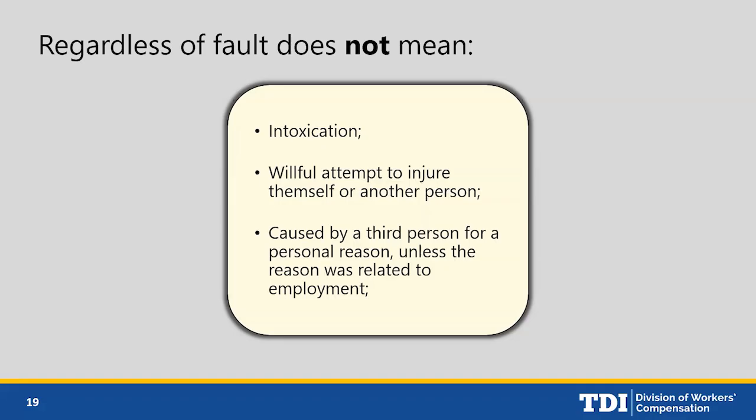Maybe there was a third person for a personal reason, unless the reason was related to employment. So if someone else came in the job site and hurt them for a personal reason, that may be carved out of workers' compensation, unless it had something to do with the job.